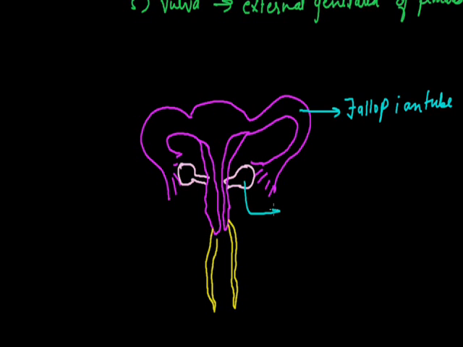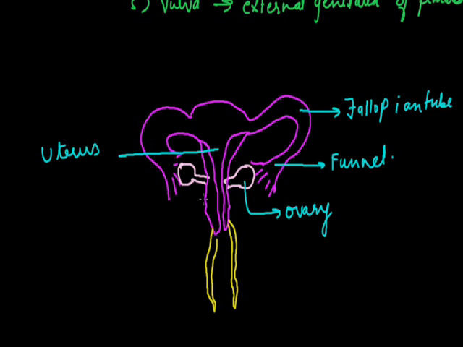This is called ovary, which consists of ovum. This portion is called the funnel of oviduct. This portion is called the uterus, where the fetus gets implanted. This narrow portion is called the cervix, the narrow portion of uterus, and this portion is called vagina. Ovary consists of ovum, which are again single celled.